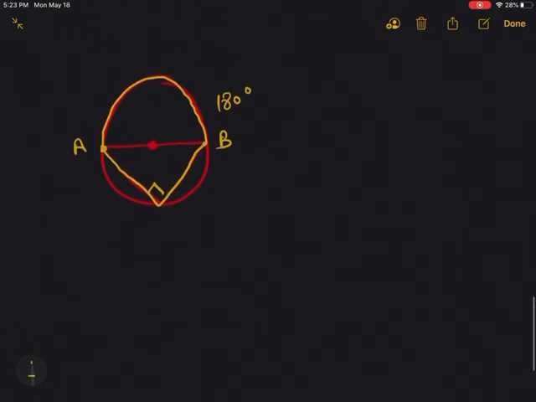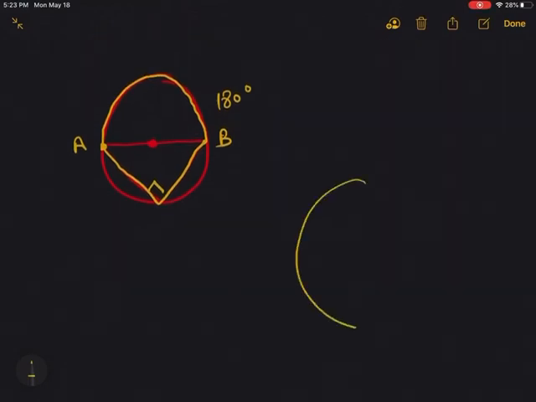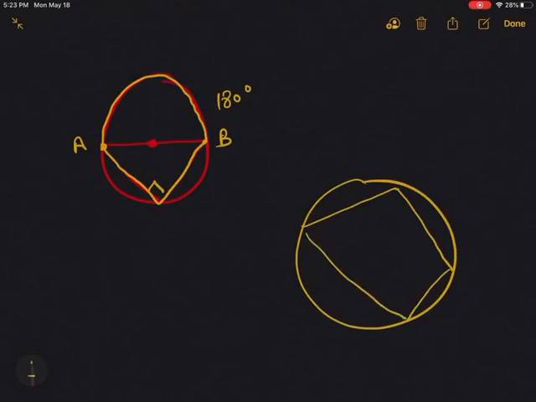Okay, one last property. If you have a circle and inside the circle there is a quadrilateral, meaning a four-sided shape, what's true about the four-sided shape? The opposite angles of this four-sided shape are always going to be supplementary.